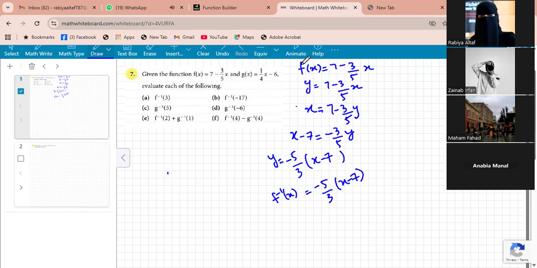Now I'm giving you 1 minute to find the inverse of this second function, which is g of x. Come on, quickly solve it and tell me your final answer.